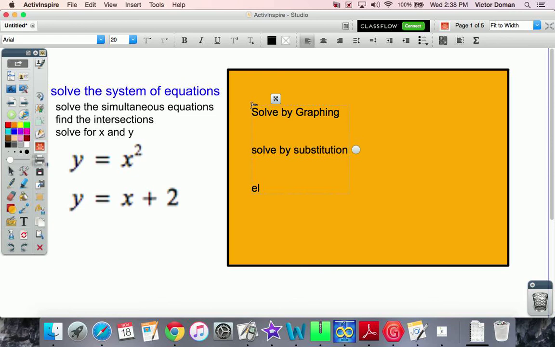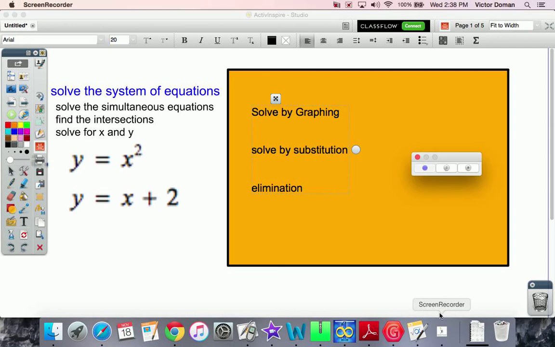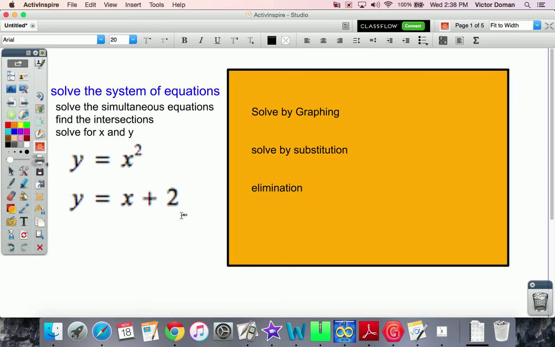And then the final bit was the elimination method, which uses a linear combination to cause one of the variables to eliminate, and remember we're going to need additive inverses. Okay, so let's examine all three methods and essentially when one is more useful than the other.